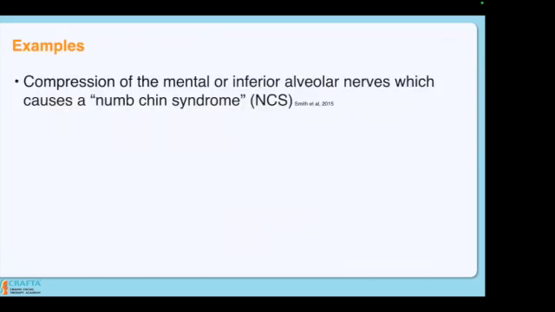That's also an example of when we talk about the compression neuropathy. It's involvement of the mental or the inferior alveolar nerve, again what we can call the numb chin syndrome. But be aware, it could also be a case where there is a typical numb chin syndrome that is still there, or mainly only there. It could also be a case for another problem.